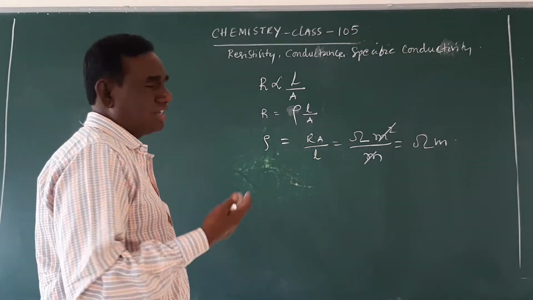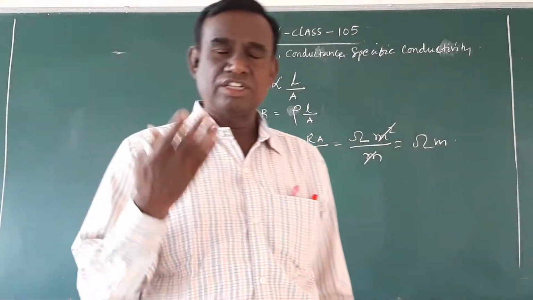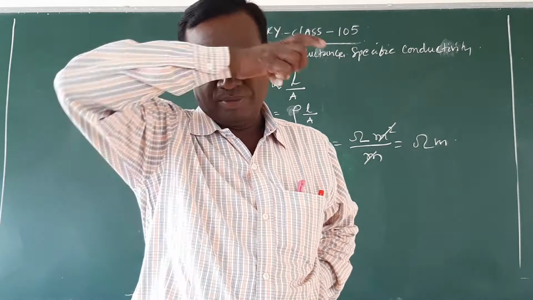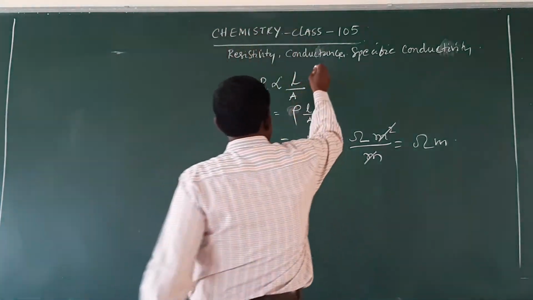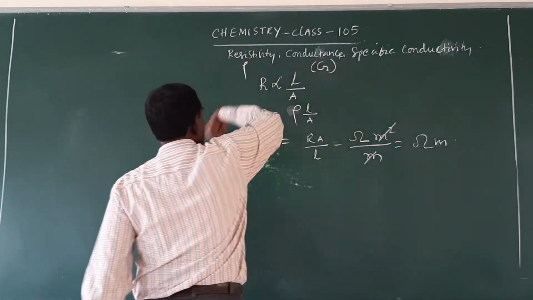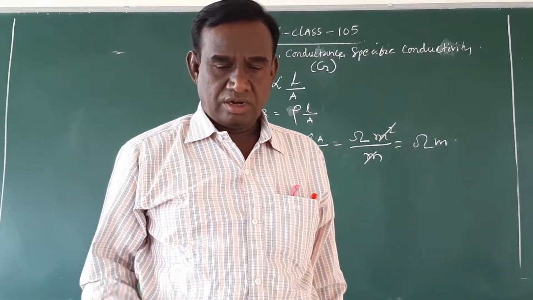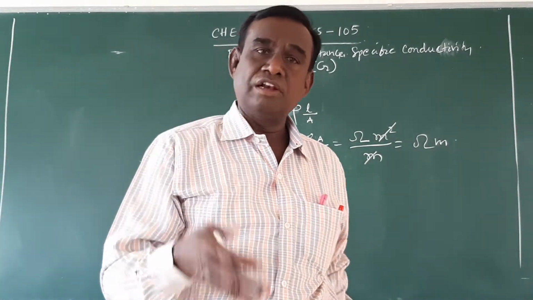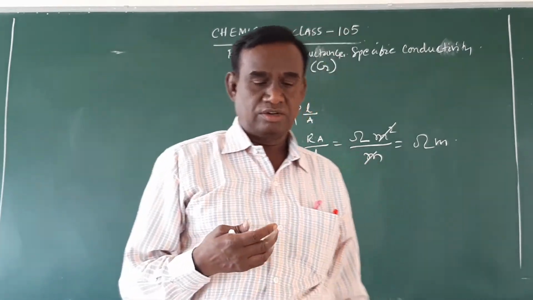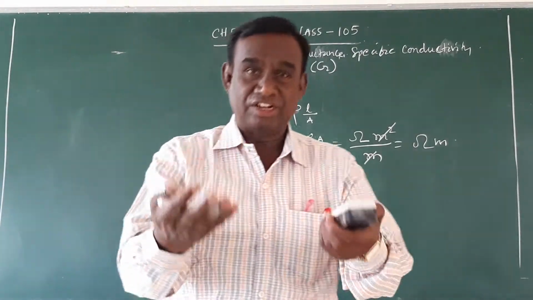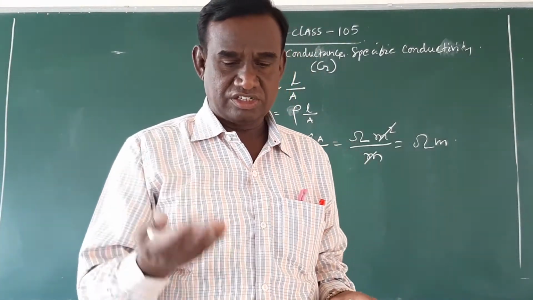Now, what is meant by conductance or conductivity of a material? It is denoted by the letter G. Conductance is the ability of the material to conduct electricity.